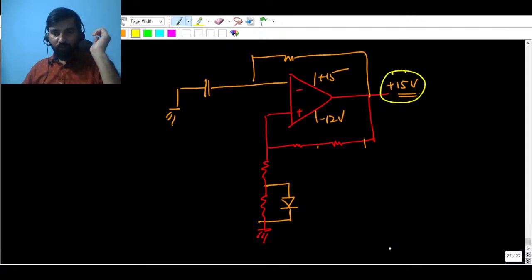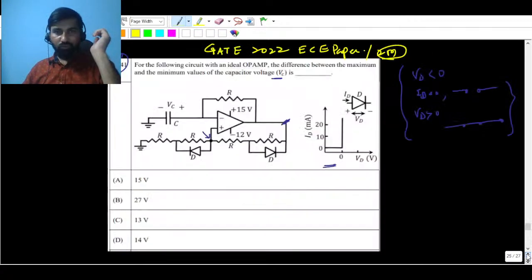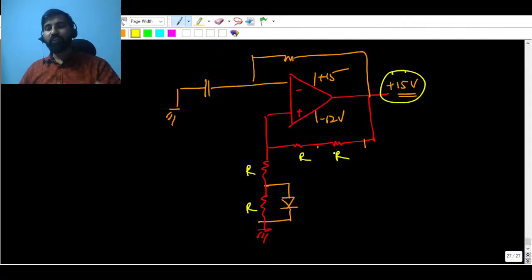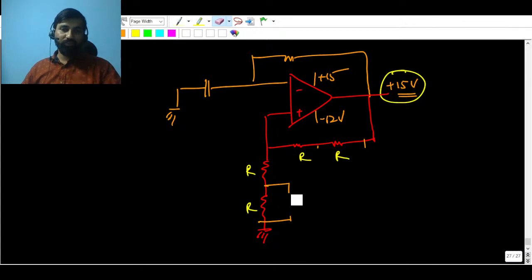All the resistances are R. It is a very easy question. This diode will be on, so you can replace it with a short circuit, because of the ideal IV characteristic they have given.